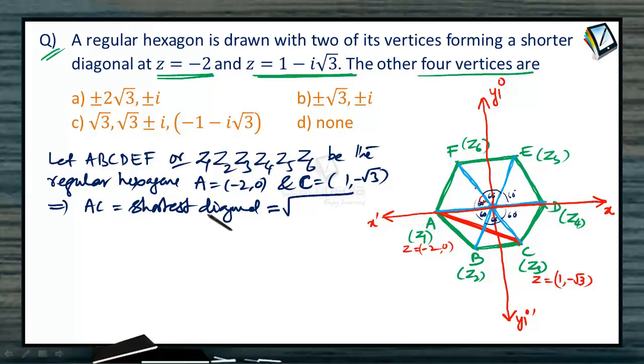So AC, the shortest diagonal, is the square root of (-2 minus 1) squared plus (0 plus root 3) squared, which is 9 plus 3, equal to 12. That is, 2 root 3 is the length of the shortest diagonal.